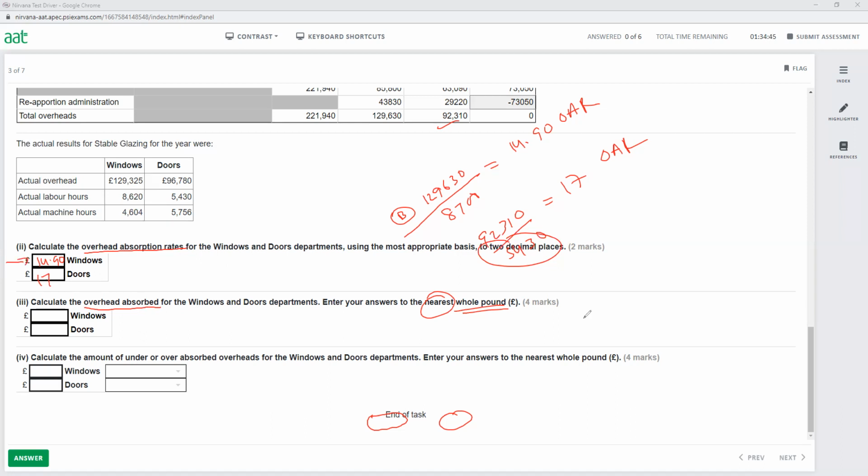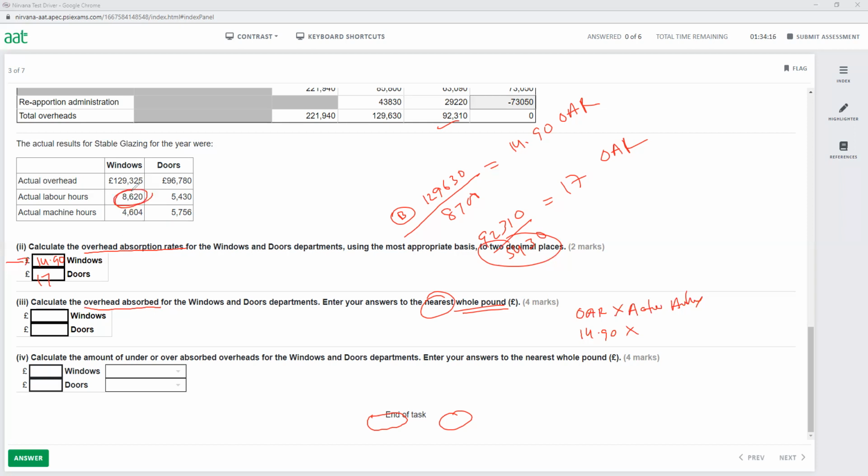So we said OAR times actual activity. Now for the window, my OAR was 14.90, and the actual activity means either the labor hour or either the machine hour. If you remember, for the window, we have used our labor hour.